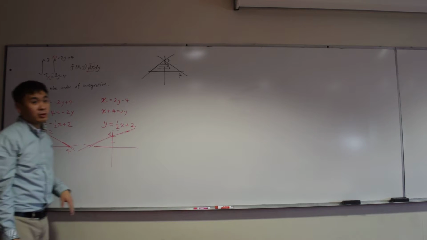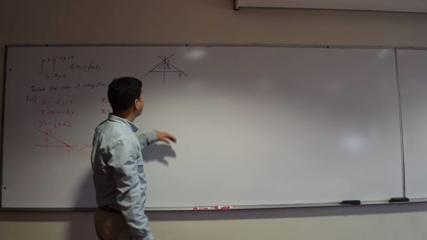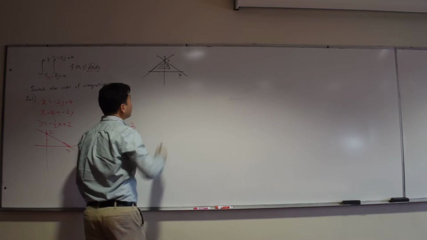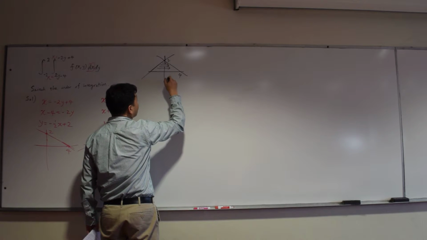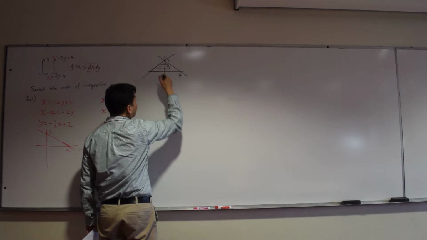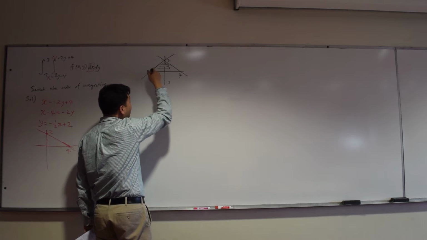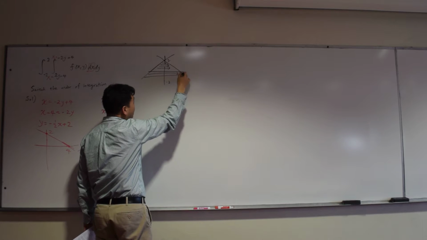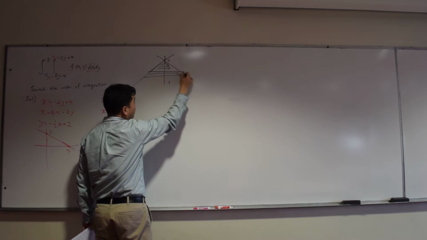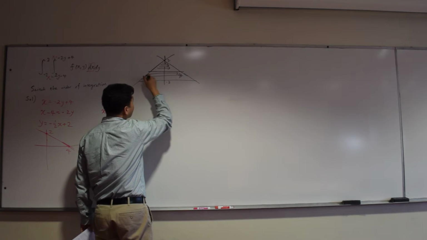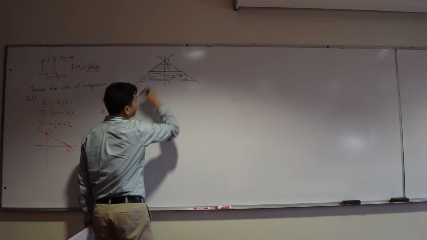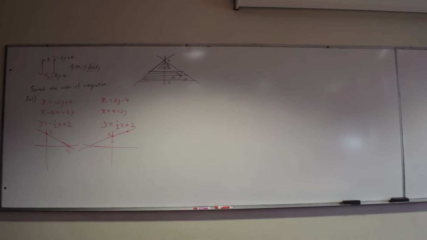So what does that mean? It means you're not just painting this region here, but it's going all the way down here, covering this region. So that's the domain that you're integrating over.